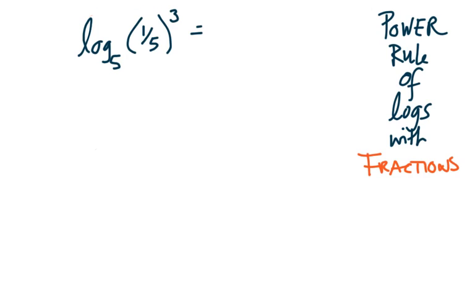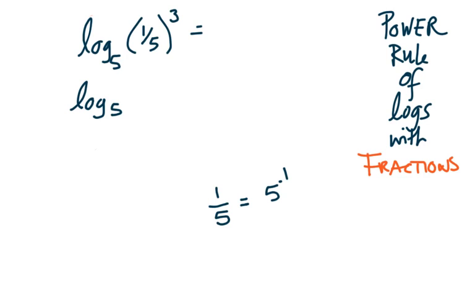What if instead of just immediately taking the 3 and moving it down here, what if we thought a little bit and we rearranged things? I'm going to write it as log base 5, and what if I took the 1/5 and I turned that into a 5 to the -1 power?